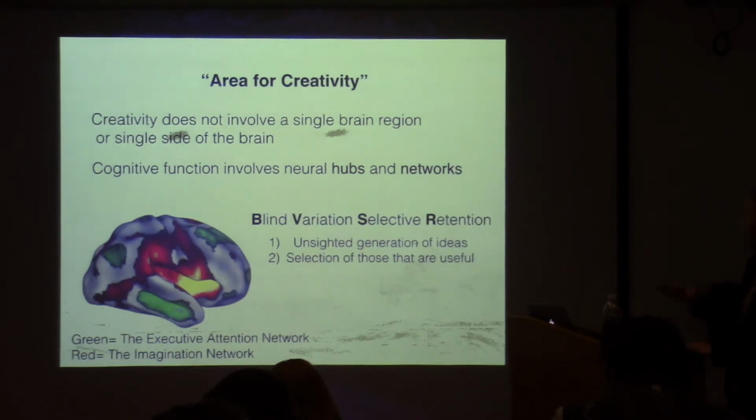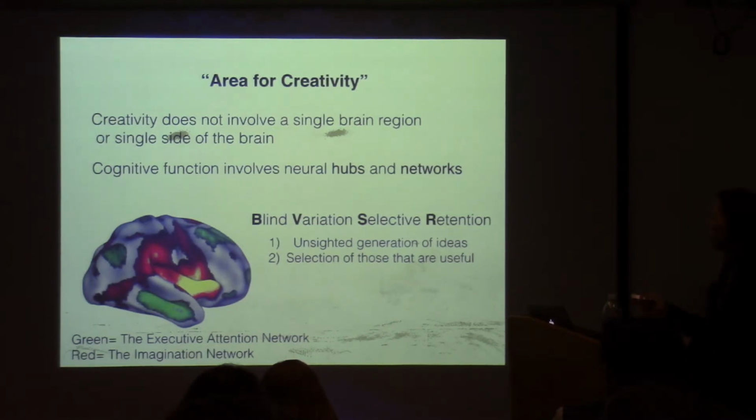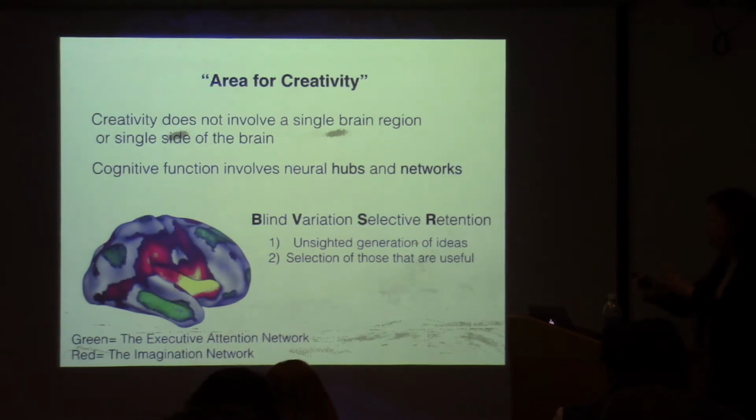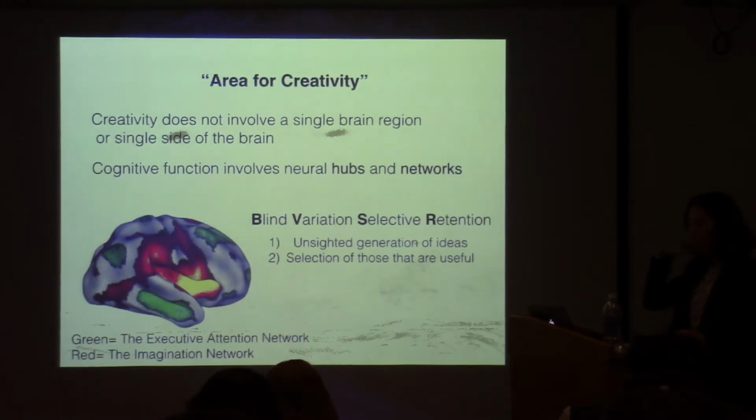In their review, they are referring to a theoretical process for creativity called blind variation selective retention. Basically, it's saying that creativity happens in two processes. First is the generation of all these random, unpredictable ideas, which involves the red imagination network. And the second is the selection of those that are useful, retaining those ideas that are useful, which involves the executive attention network.